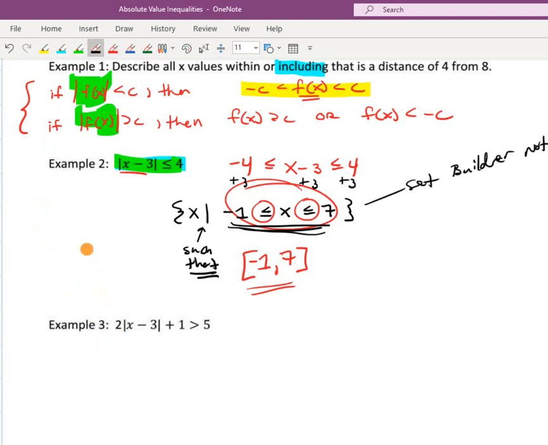Your rules for absolute value inequalities were probably step 1, isolate the absolute value bars. Well, why is that? It's because of this. We're trying to match it to this. So to isolate it, we're going to subtract 1 from both sides, and then divide both sides by 2.